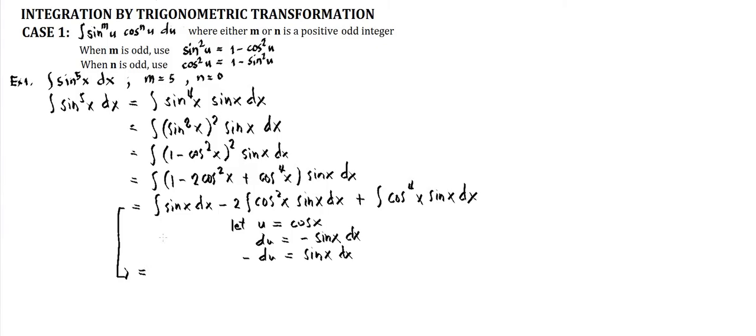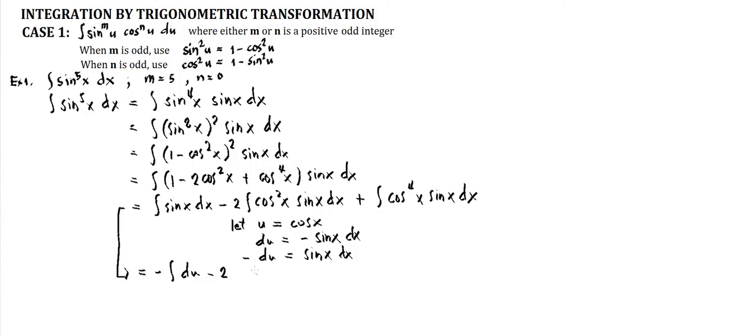So, una, we have the integral of sine of x dx. Sine of x dx equals negative 1 du. So, yung negative 1 lalabas natin. Okay? And then, minus 2.